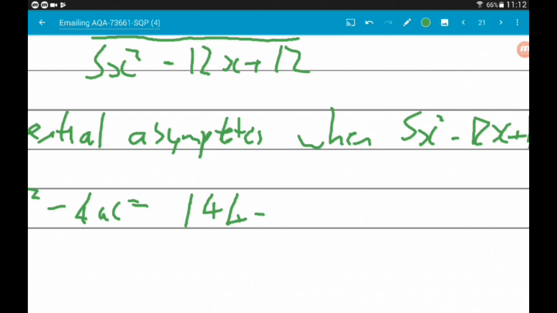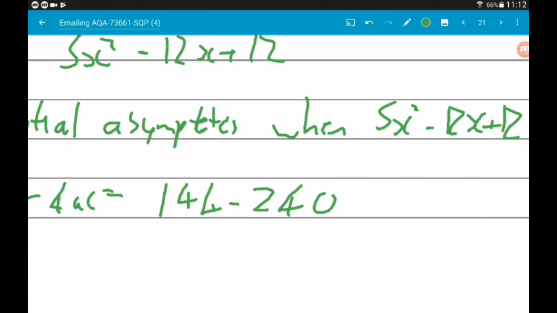So 4 times 5 is 20, times 12 is 240. So that's going to give us an answer of minus 96.